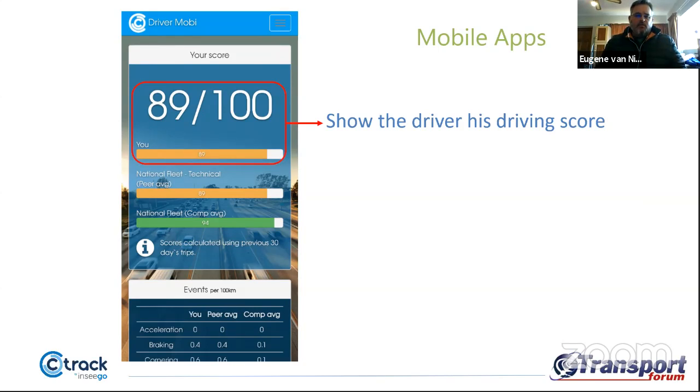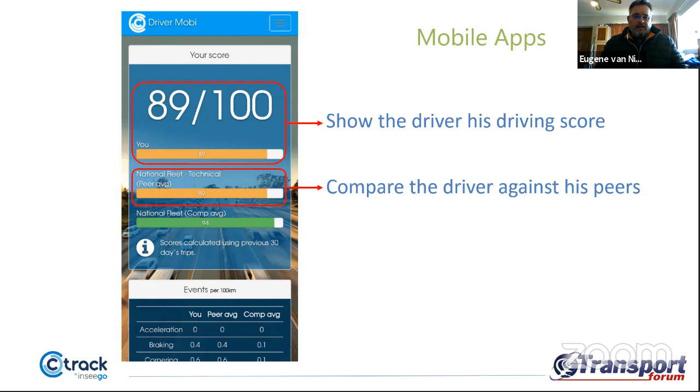So it really is important to give that real-time feedback on how he is performing. But I think it's even more important to let that driver know that the way he is performing is good, if I measure that driver in comparison to the guys that do the same work as he does.